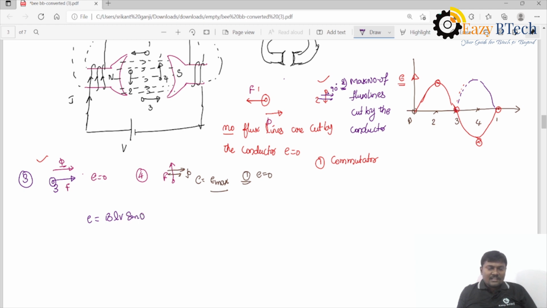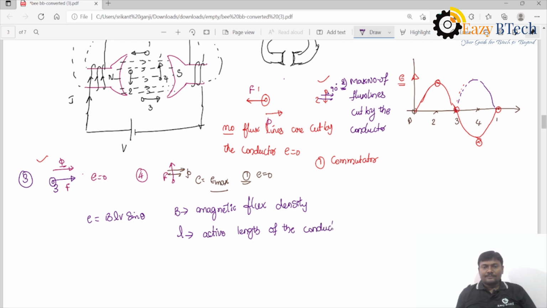E is equal to BLV sine theta, where B is the magnetic flux density, L is the active length of the conductor, V is the velocity of the conductor, and theta is the angle between the magnetic field and the position of the conductor.